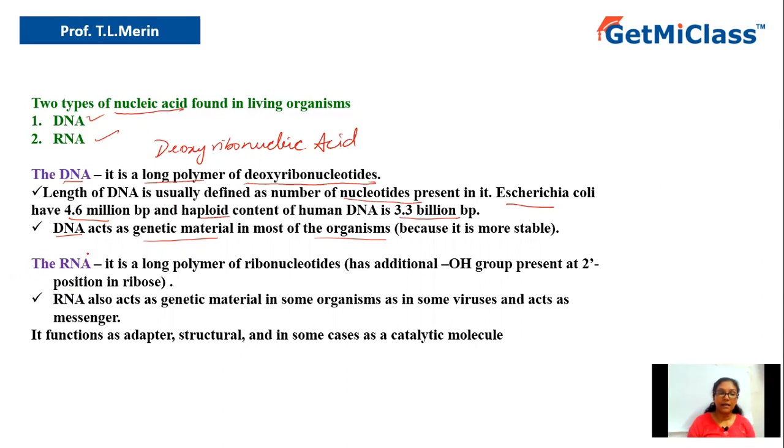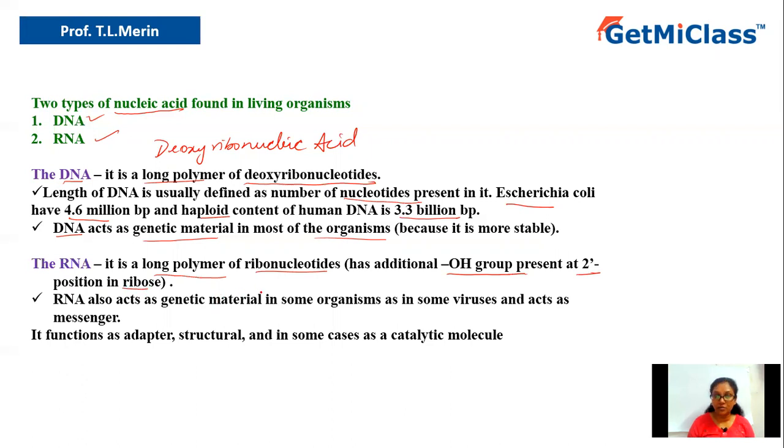Now, the RNA. I told you there are two types of nucleic acid, DNA and RNA. RNA is also a long polymer, of ribonucleotides. DNA is made up of deoxyribonucleotides, whereas RNA is made up of ribonucleotides. The difference is that it has an additional OH group at the 2' carbon of its sugar, the ribose sugar.